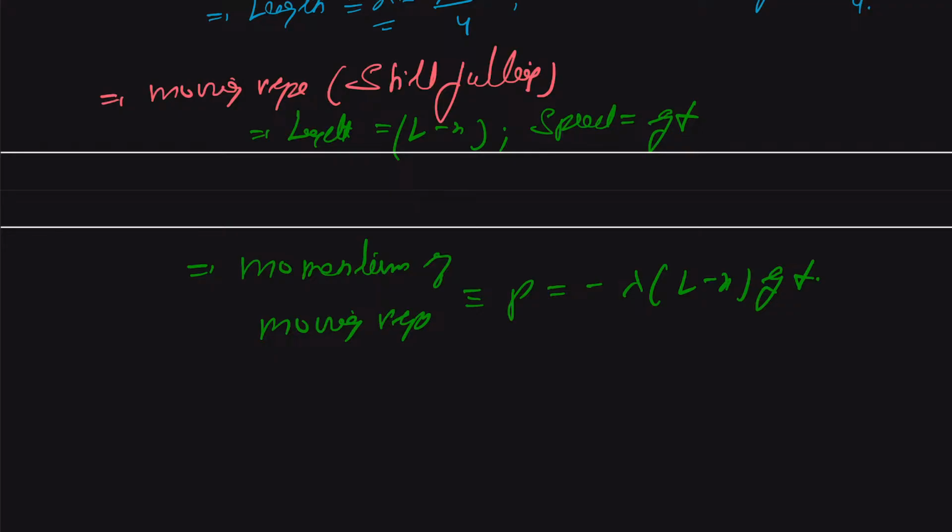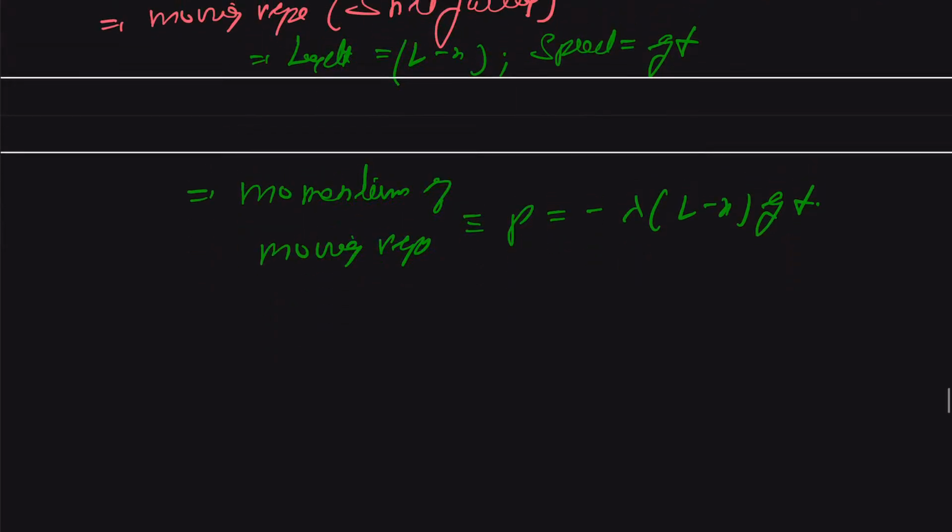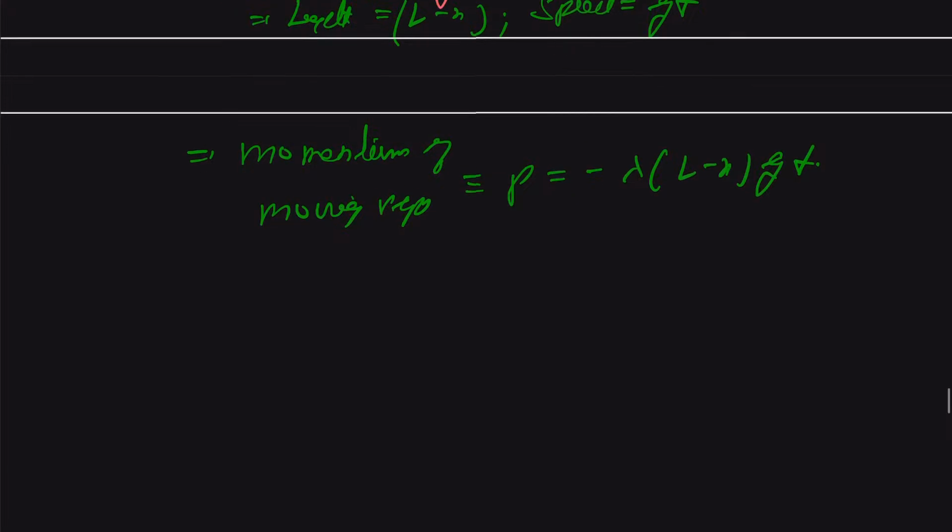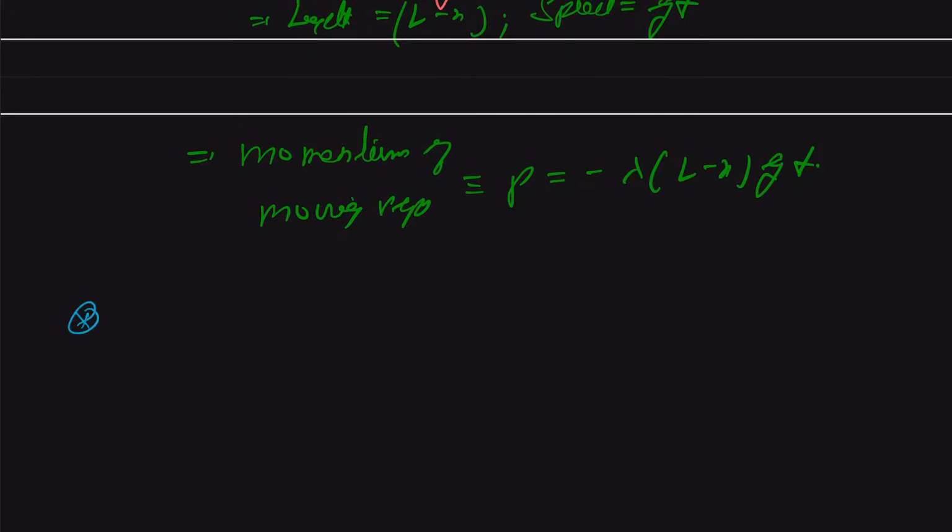Now we are going to use Newton's law with respect to momentum, that is the summation of the forces is equal to the rate of change of momentum. So for the whole rope, the forces on the rope will be the weight downward and the support, that is normal, upward.